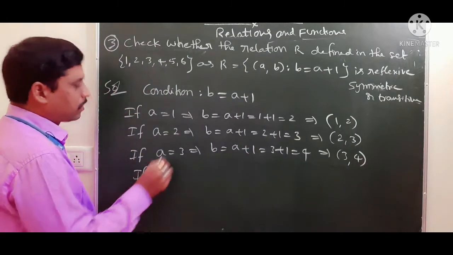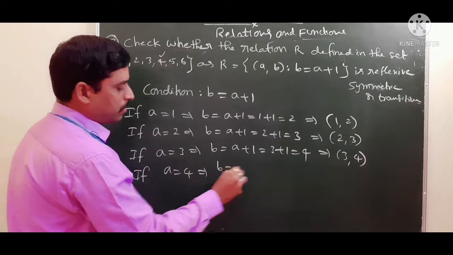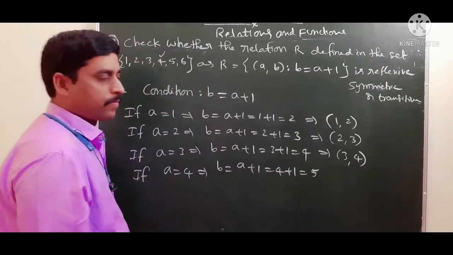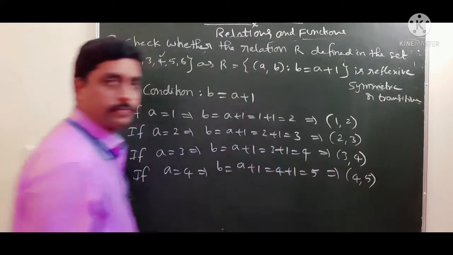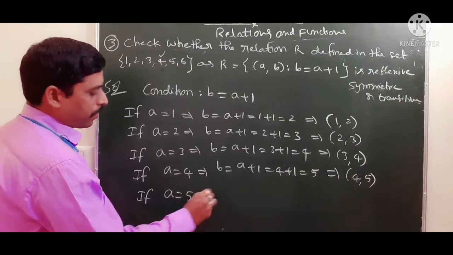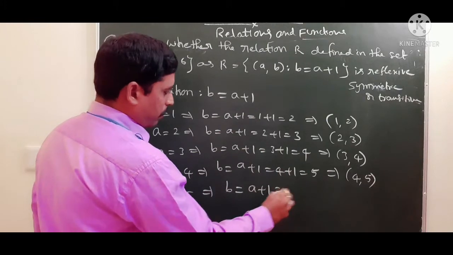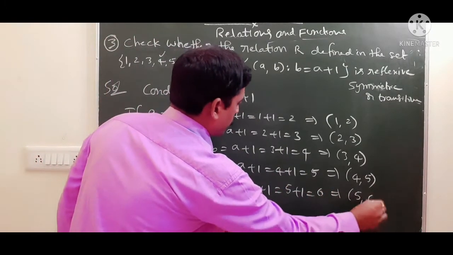Next element 4. If A is equal to 4, then B is equal to A plus 1, 4 plus 1 is equal to 5. So this ordered pair is 4 and 5. Okay. If A is equal to 5, then find out the B value, A plus 1. This will be 5 plus 1 is equal to 6. This ordered pair is 5 and 6.